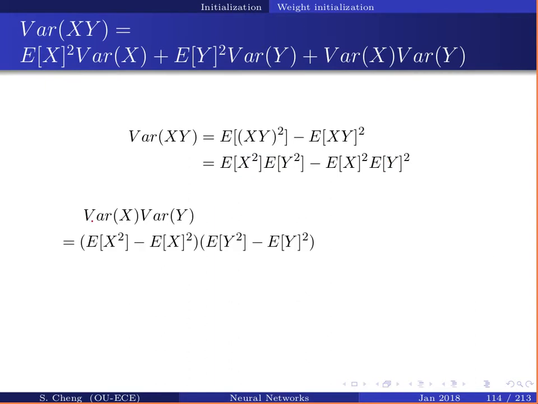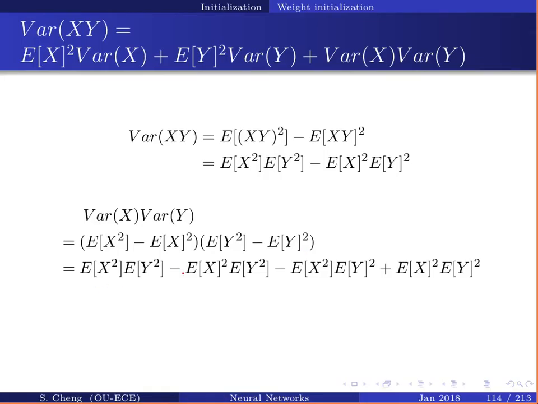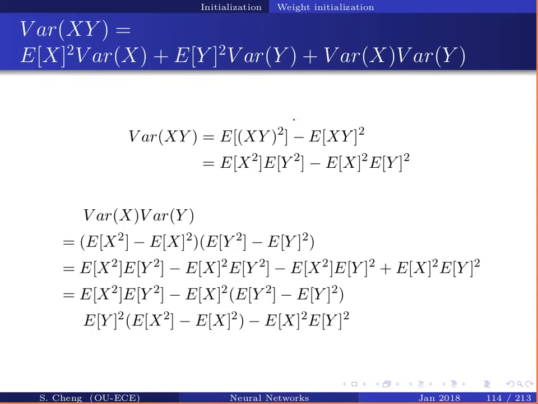On the other hand, if I compute the variance of X multiplied by the variance of Y, I have this, and it is a little hard to read, so you need to be very careful. This is expectation of X squared, but this is expectation of X and then squared. Then you compare these two terms.